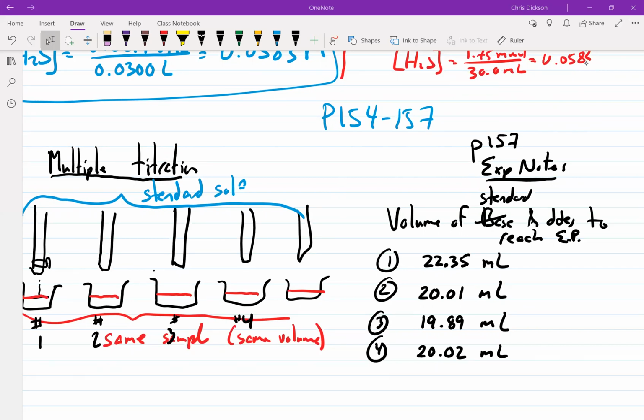So when I look at these numbers, these 3 are all fairly close, but the first number is quite off. It's over 2 milliliters difference, which is quite a bit of difference here. And so we would exclude that number. We'll talk about why that might happen. So then what you do is you average these three numbers.